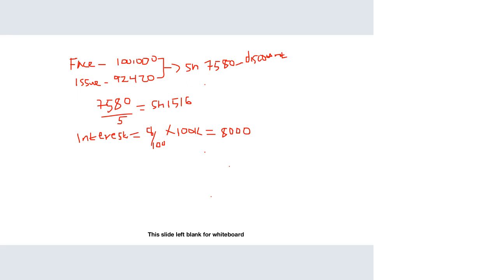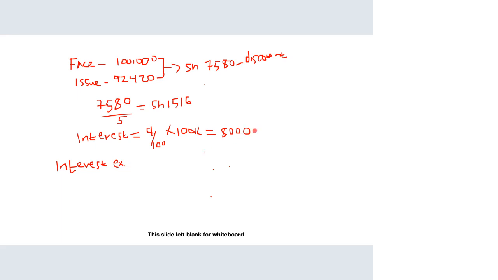So if the interest payable is 8,000 and we have calculated that, then company XYZ would record its interest expense using the following journal entry. One, we will debit the interest expense by the amount of the interest plus the bond discount amortization.